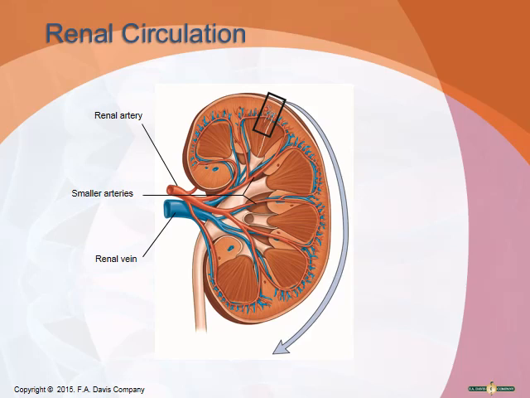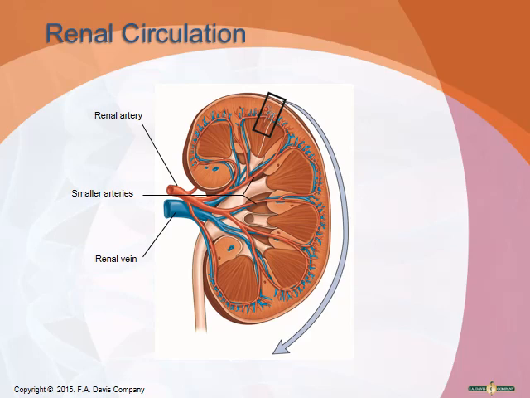Just like we've discussed in every other system thus far, there's branching where it gets smaller and smaller and smaller arteries that end up getting super small, going up to the renal cortex. And in reverse, venules or small veins get bigger, bigger, bigger, leave the kidney through the renal vein, and return to general circulation through the inferior vena cava back to the heart.